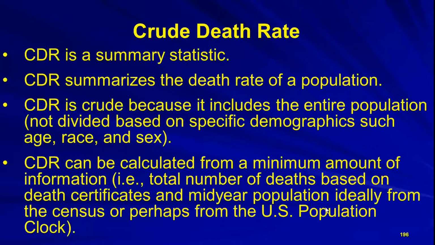The nice thing about a crude rate, even though it's crude and it doesn't follow the mathematical principles that you're usually aware of things being separate and distinct, is that it can be calculated with minimal information. And here we have a document in front of us that says somebody has died, and you know that you can order a death certificate from the county health department.